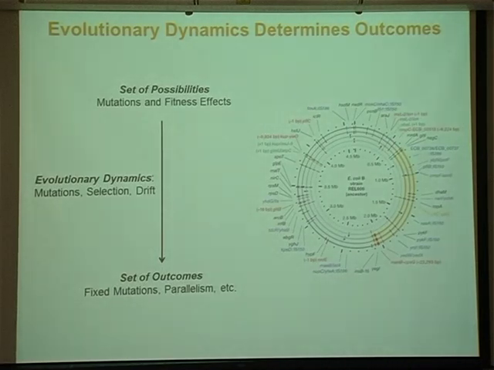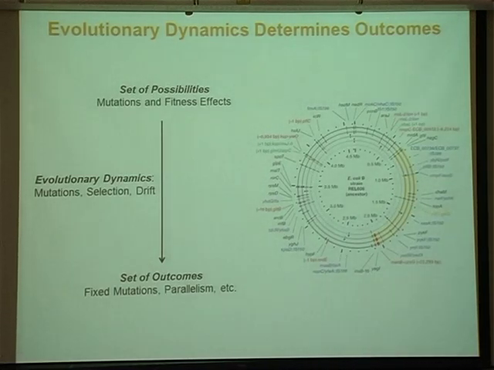And if we understood this well enough, we could look at a few lines, observe these outcomes, and infer back something about the possibilities, the underlying fitness effects and mutations, from this kind of data from many replicate populations. And maybe we could measure some of these things directly. And then predict, if we were to do additional experiments in different lines, how similar or different those results would be.